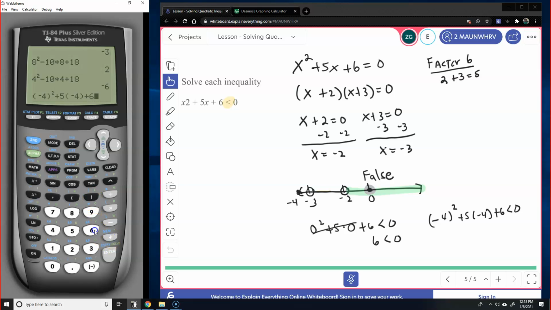That's 2. So we notice that 2 will not be less than 0. So both of these are false. So this side is false.